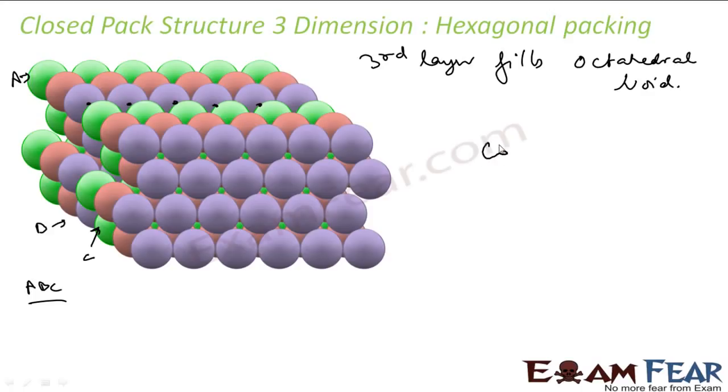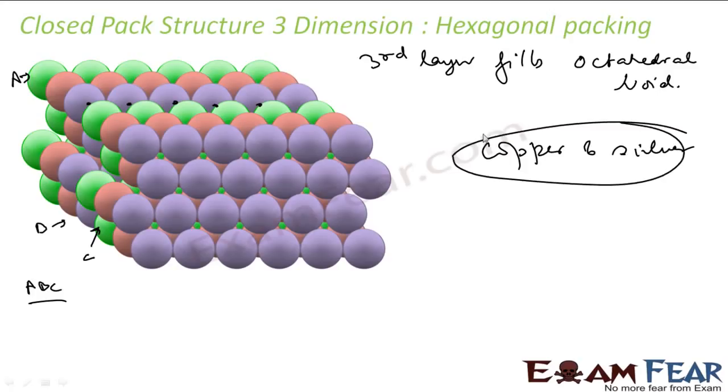This is exhibited by copper and silver. Right? This is called cubic closed pack, or it's also called face centered cubic structure.